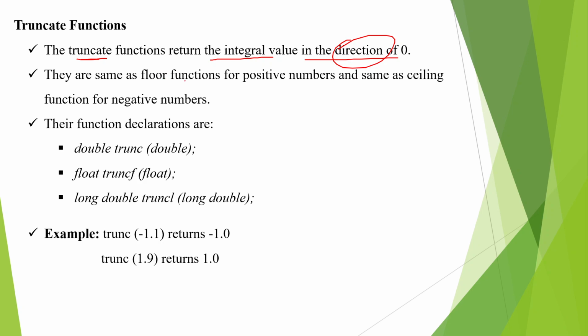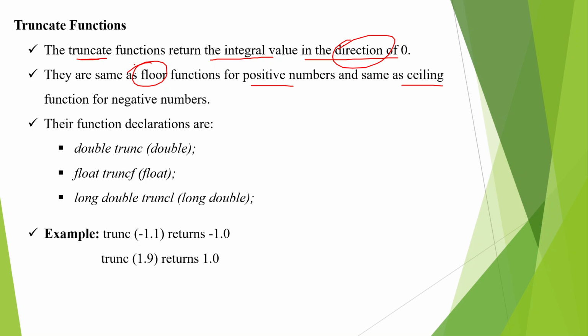So for positive numbers, because it is returning in the direction of 0, it is the same as the floor function, and for negative numbers it is the same as the ceiling function. Because for positive numbers we need to move in the direction of the right hand, so floor function.